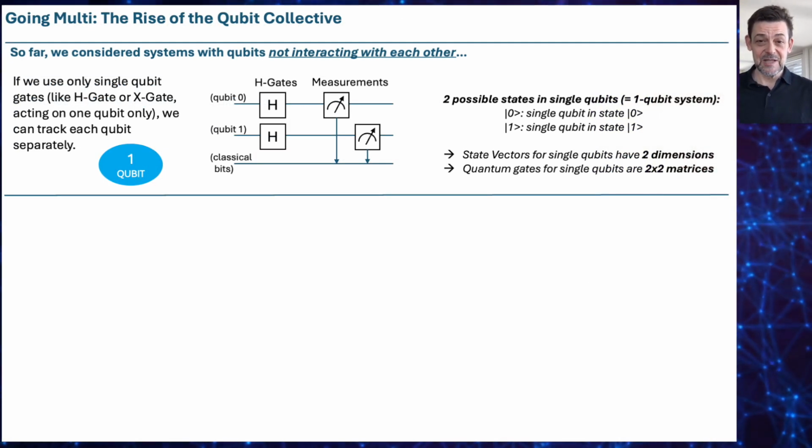We start the journey here with a quick refresher. As long as we do not interlink qubits, we can use single qubit state vectors with 2 probability amplitudes for the 0 and 1 state. The quantum gates working on single qubits are 2x2 matrices. So far, so good.